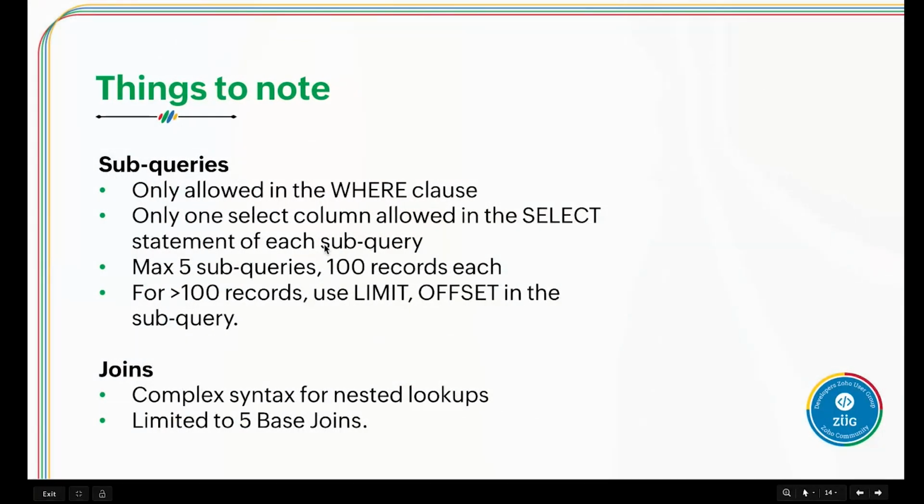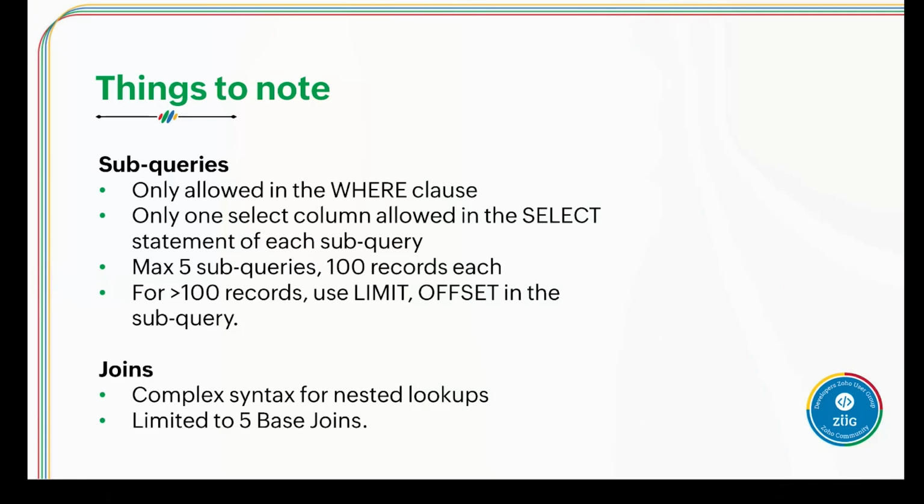And like I said previously, each query can have up to 5 subqueries, and each subquery can fetch up to 100 records in every API call. If you want each subquery to fetch more than 100 records, you can use limit and offset in the subquery. A few points to remember about joins: when you have a lot of conditional filtering to be done, the query itself becomes very bloated, and the syntax becomes very complex.